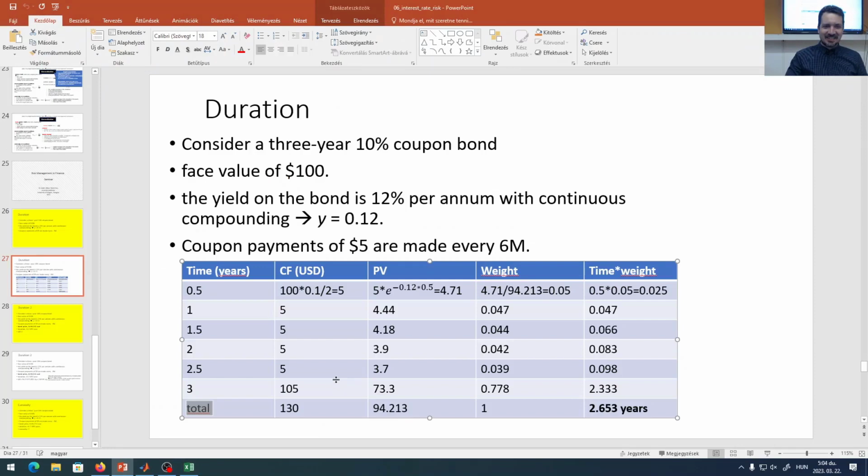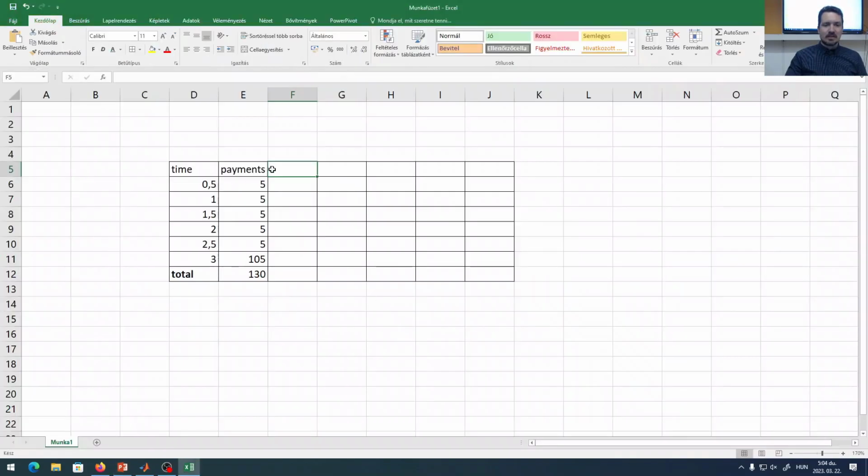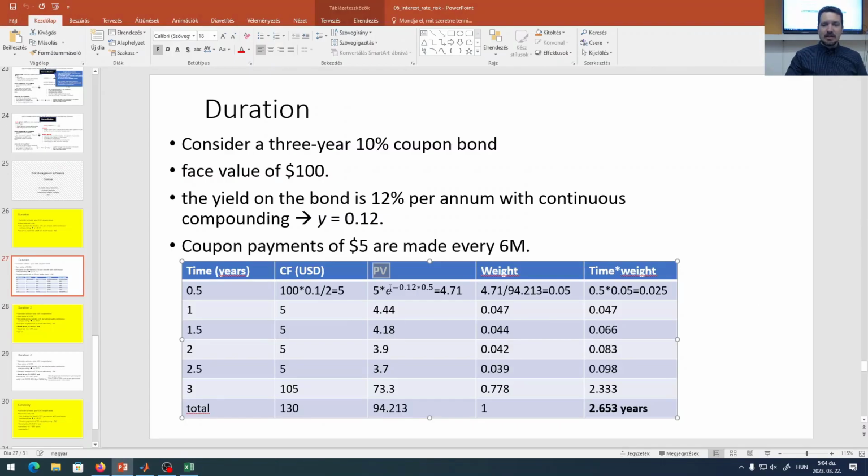Okay, and after that, we just have to calculate the present value of this payment. It's also quite simple because we just have to say, okay, what is the present value here? And this is where we need the yield.